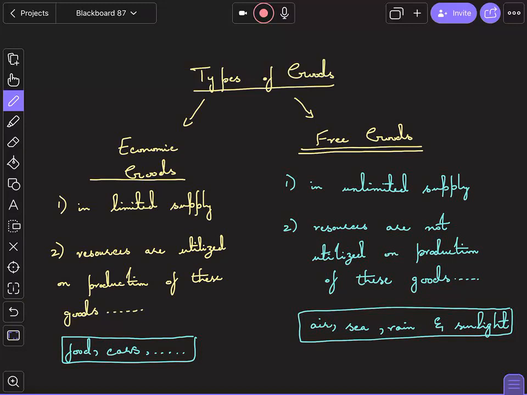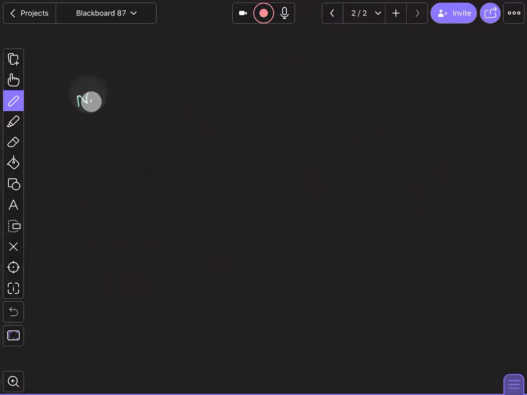For instance, if we have a public park that is available without any charge, or a lighthouse that is providing light to everyone, or street lights, they are not free goods. If you are not paying for the good, it won't be classified as a free good. So please guys, remember this note.